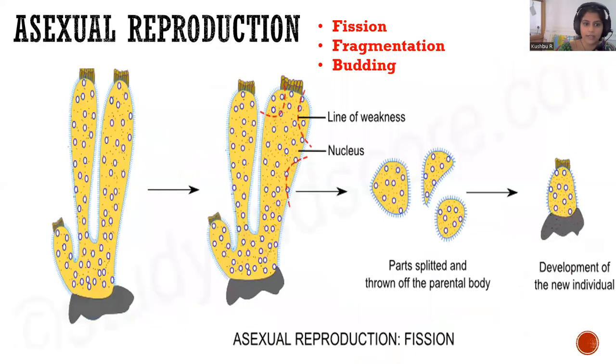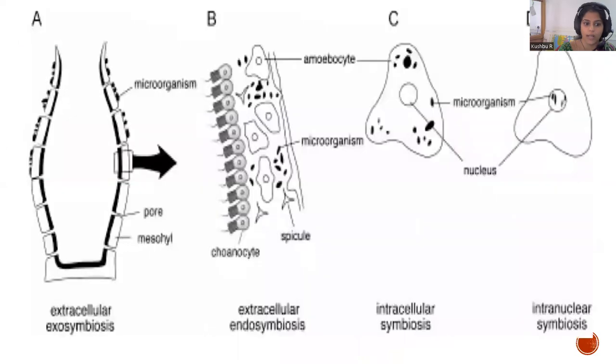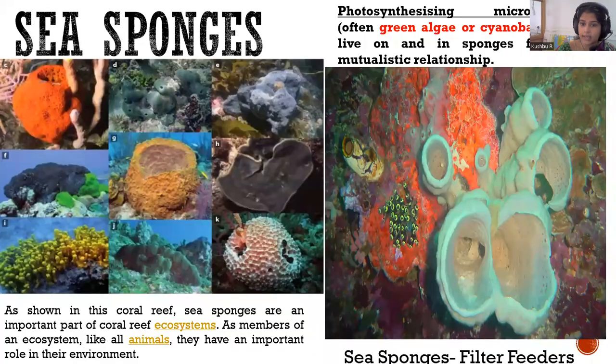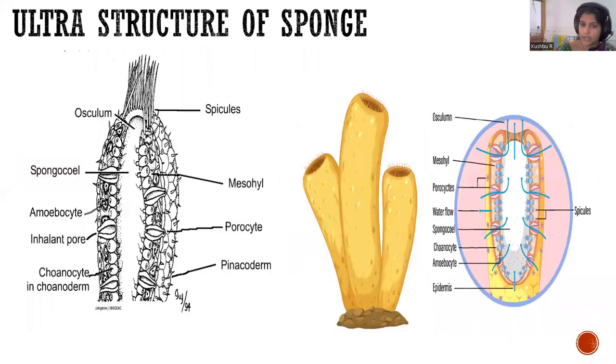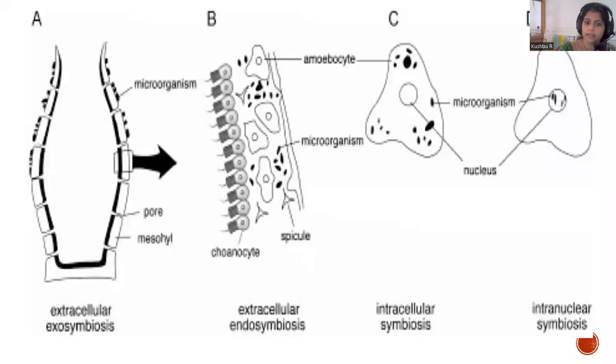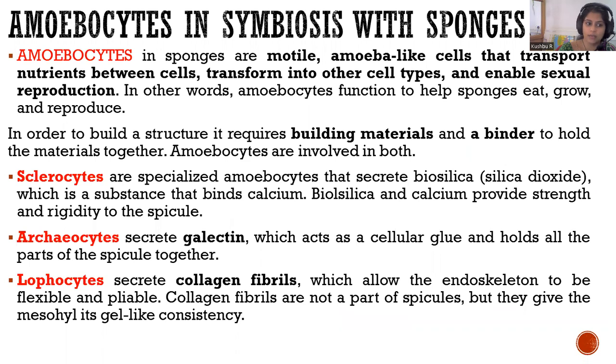So from where did we start? We spoke about what exactly sea sponges are, what their symbiotic association is, and what their ultrastructure is. It is in symbiotic association, especially with two members that we were focusing on, amoebozoids and canocytes. These amoebozoids and canocytes exist in various versions, and there are various ways in which they help sea sponges.